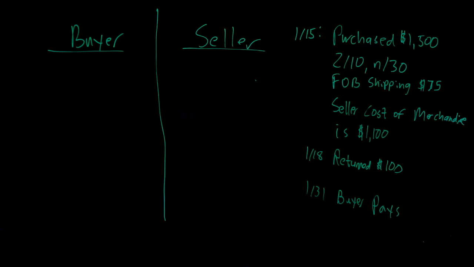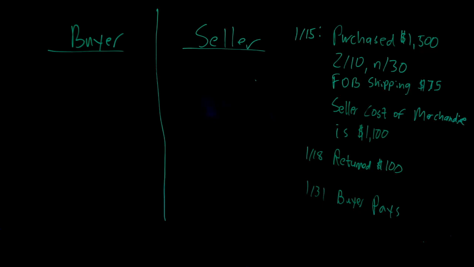So first, on January 15th, the buyer purchased $1,500 of goods from a seller. Payment terms 2/10 net 30. So 2/10 net 30 means they get a 2% discount if they pay within 10 days. Otherwise, they have to pay the whole thing within 30 days.